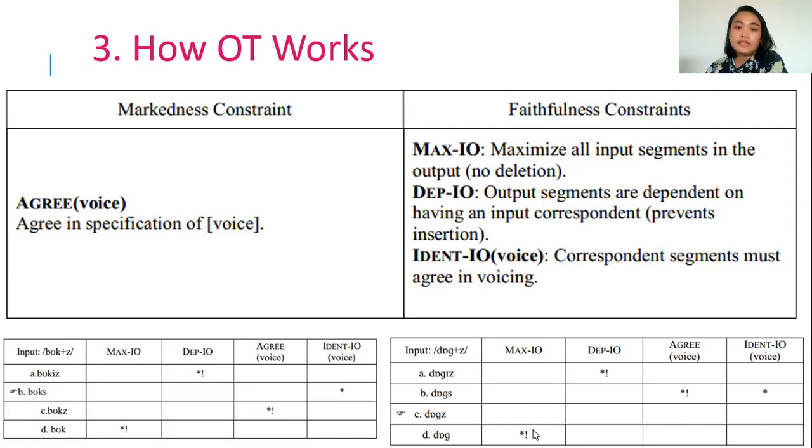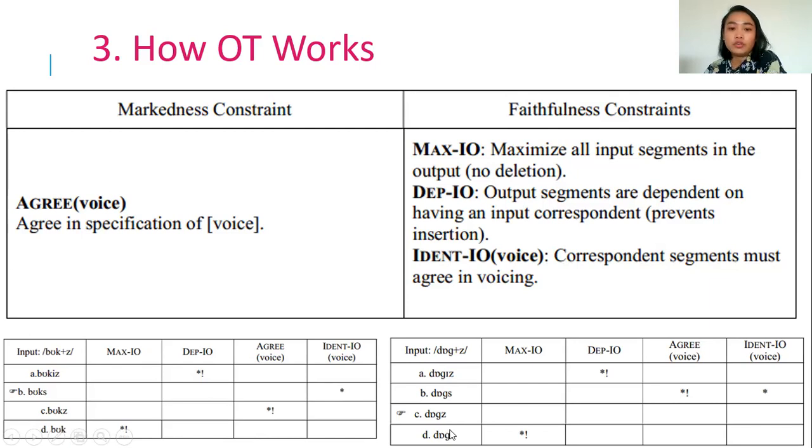So the output is books, while in this input, dogs, the input dogs will be taken into the generator and will produce 4 candidates as well. This dogs with the Z, and dog.